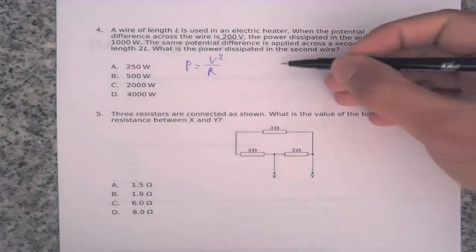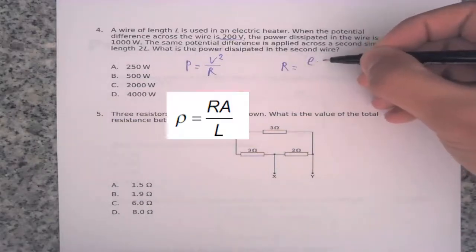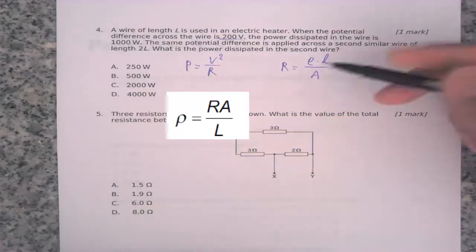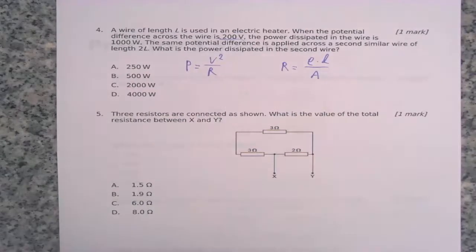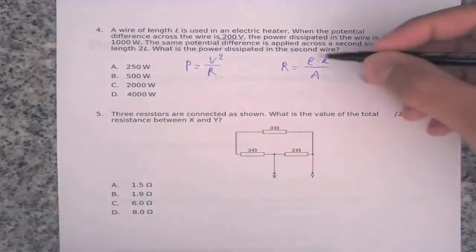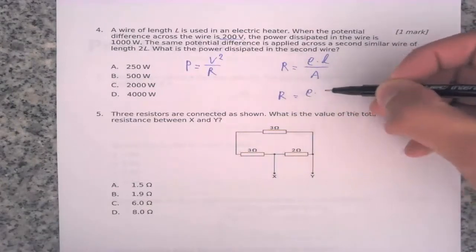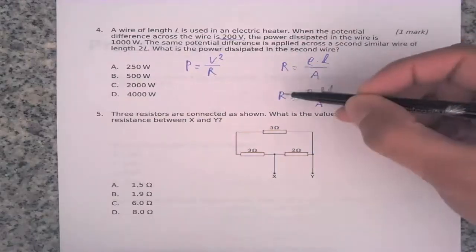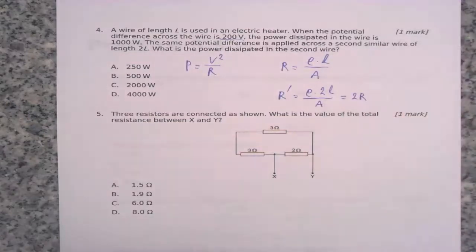So the resistance can be written with the resistivity formula, rho, the resistivity, times the length divided by the area, if you rearrange the resistivity formula. So from here, in your next part, you double the L. So you take rho times 2L divided by A. So you can see that your new resistance is double the resistance before.